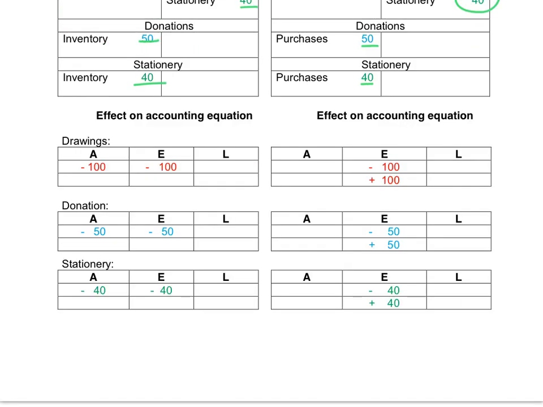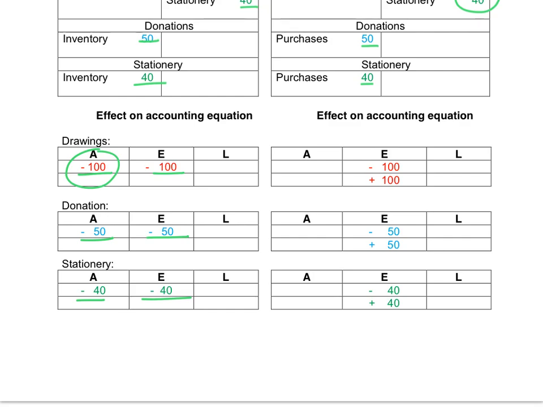In the perpetual system, the inventory will be decreased, so assets decrease every time. It was expenses, so expenses will decrease the equity. In the accounting equation for the periodic system, we don't have this asset, we have an expense.